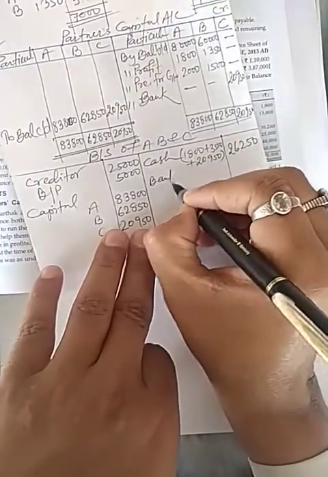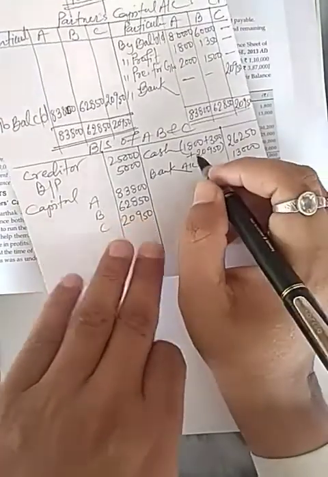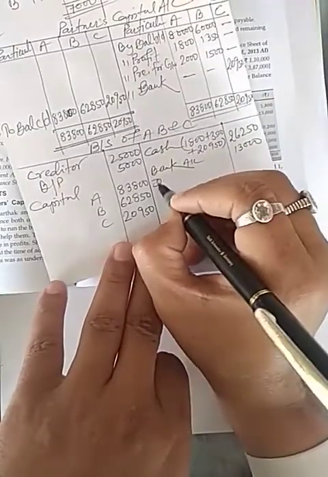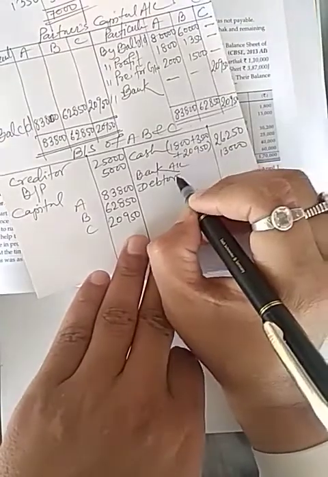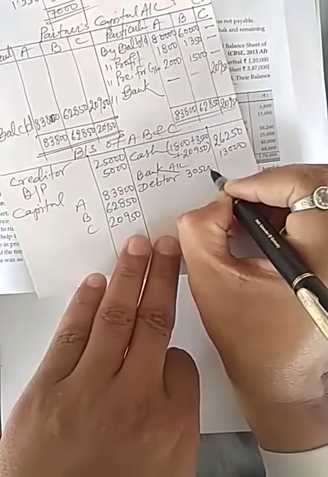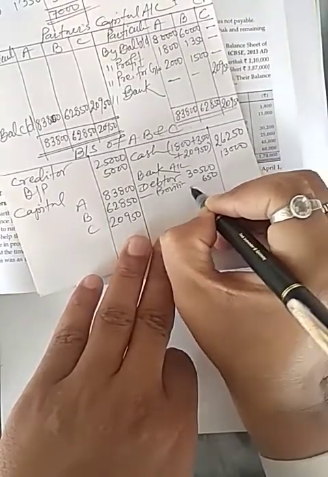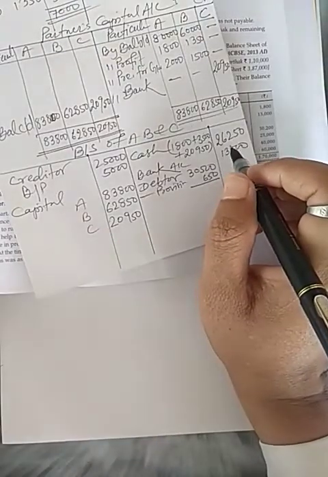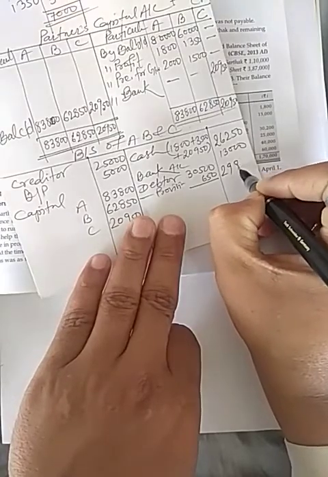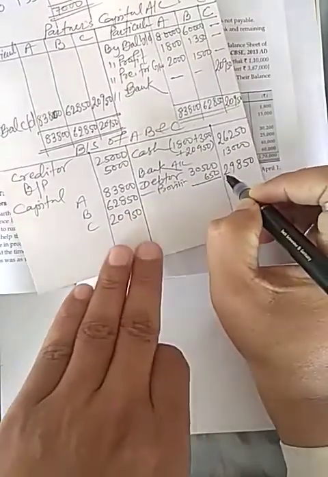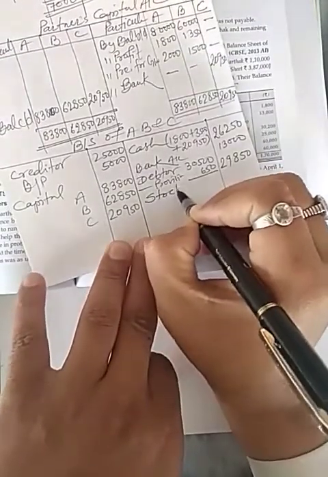Now the second point is bank account. Bank account 13,000 is given, and debtors will be 30,500 minus provision 650. It will remain 29,850. Now the next point is stock.